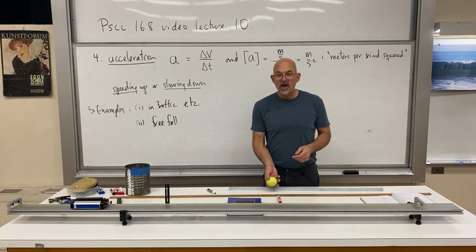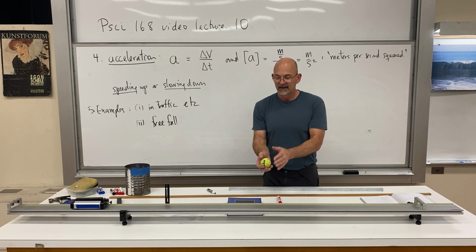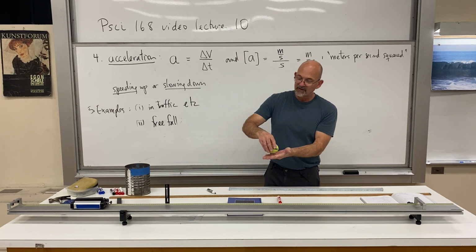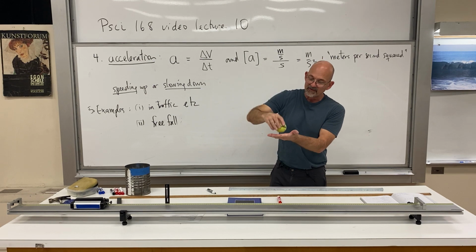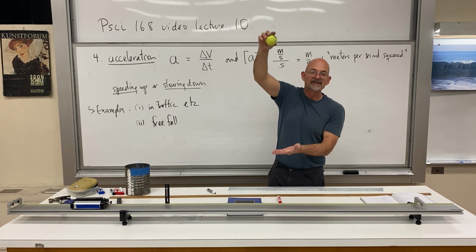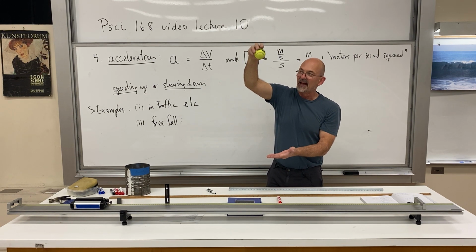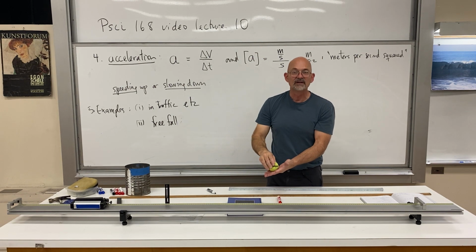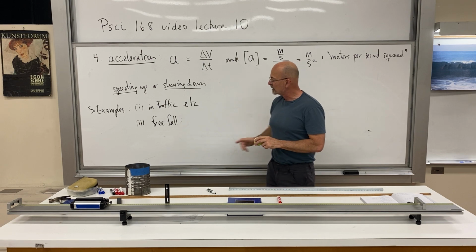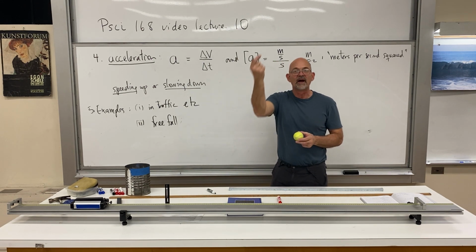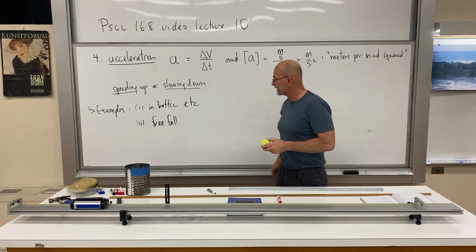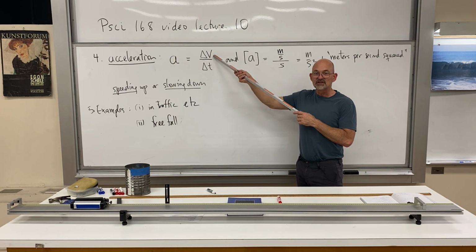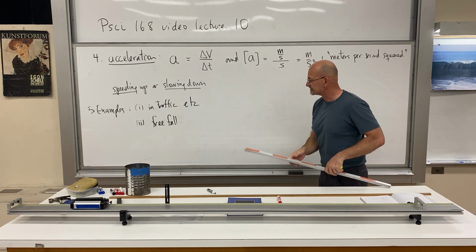If I throw the ball in the air and catch it, as soon as it leaves my hand, it's in free fall. As it's going up, because it's slowing down and coming to a stop, it's accelerating. And it stops momentarily and picks up speed in the down direction. It's still accelerating. So the acceleration in free fall is both on the way up and on the way down. And again, why? Because the velocity is changing that whole time.